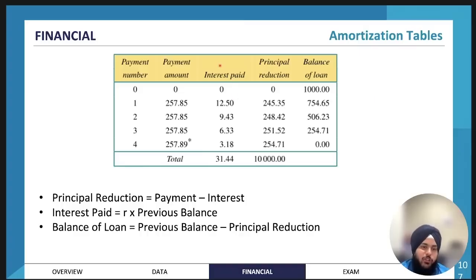And as you can see, the interest is actually decreasing over time, because as the balance of the loan decreases, less and less interest is generated. So if you have a really high principal, you're going to pay a lot more interest, and over time it's going to decrease. And the balance of the loan is just the previous balance minus the principal reduction. Principal reduction is, as the name suggests, how much the principal is being reduced by in that particular payment period.